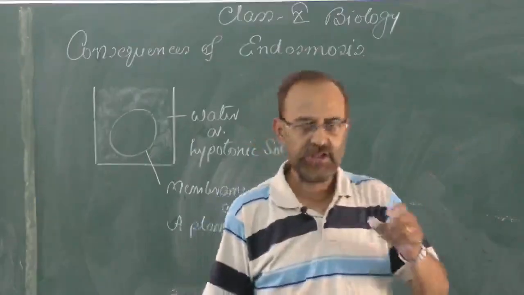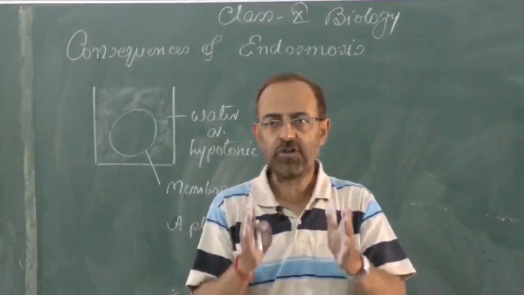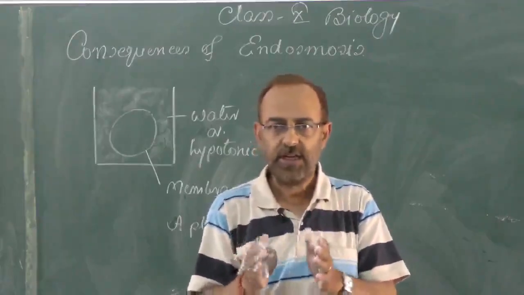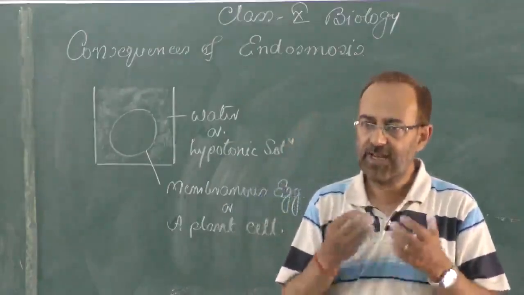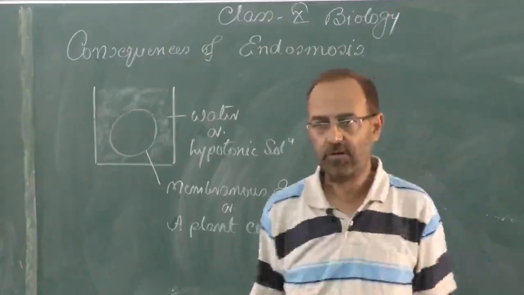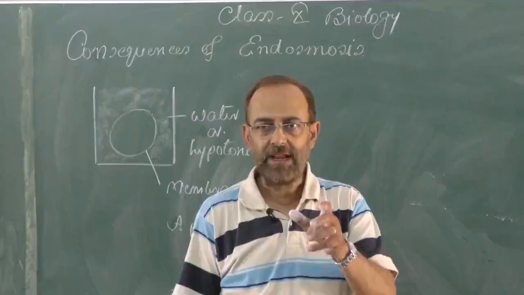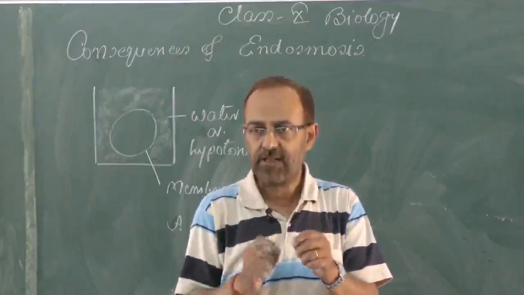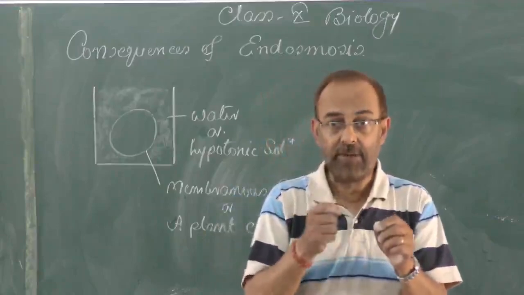So, if you put a shelled egg in a dilute solution of hydrochloric acid or sulfuric acid, clear, the calcium carbonate portion of the eggshell will react with the acid solution and will dissolve. Clear? And you know, if you boil an egg and then try to remove the shell, immediately beneath the shell you find a membrane. Is not it? So, that is the egg membrane.